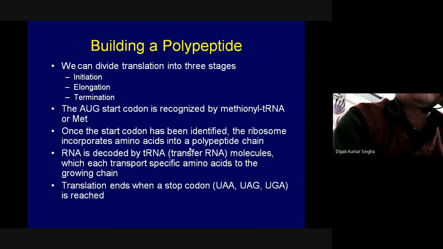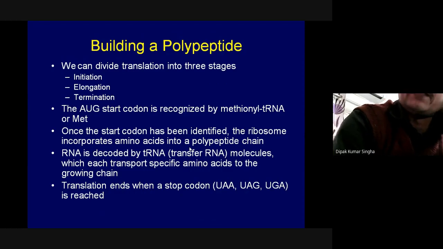It is recognized by the methionine tRNA, or Met-tRNA. Once the start codon has been identified, the ribosome incorporates amino acids into the polypeptide chain, and the mRNA is decoded by transfer RNA molecules, each of which transports a specific amino acid to the growing chain, and translation ends when a stop codon, UAG or UGA, is reached.